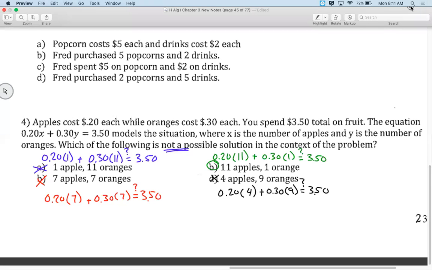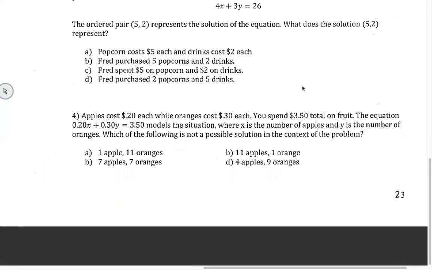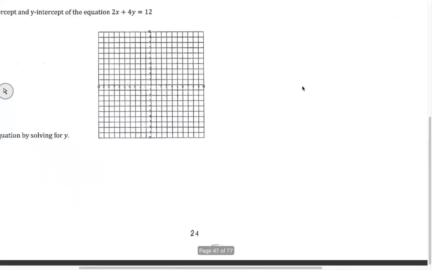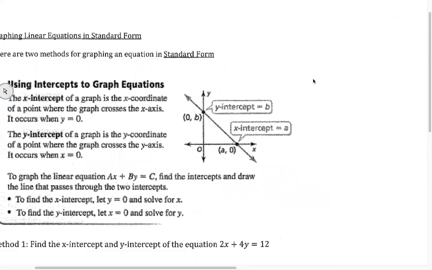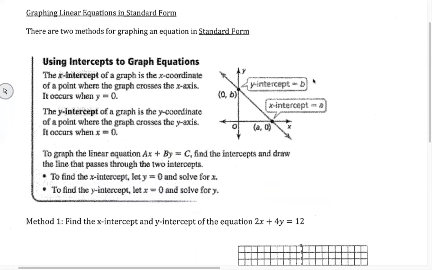Okay. Now to the fun part. We'll probably spend a good bit of time on graphing. So I want to introduce it today and just do 2 problems. Okay.